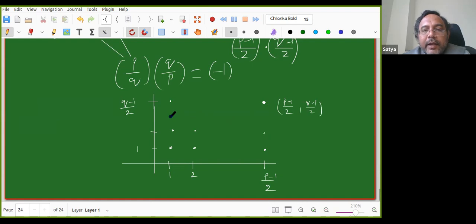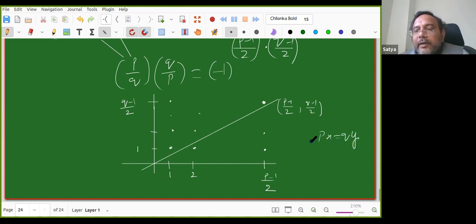So these are lattice points. Then he constructed a line. What is the line he constructed? px = qy. None of the lattice points are on this line.